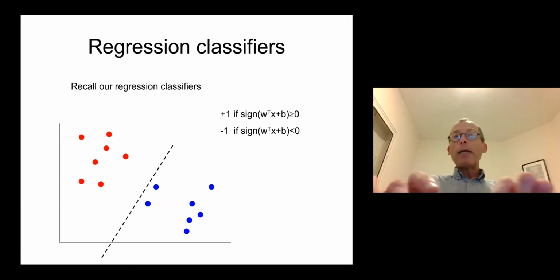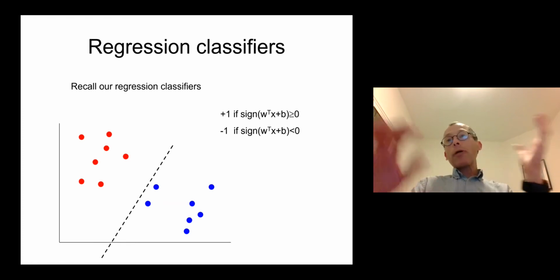For example, in the data that I'm plotting here, blue dots and red dots, the line that I'm showing you here is basically perfectly going to classify the points. Some points are on one side of it and some points are on the other side. So it's a perfect line.